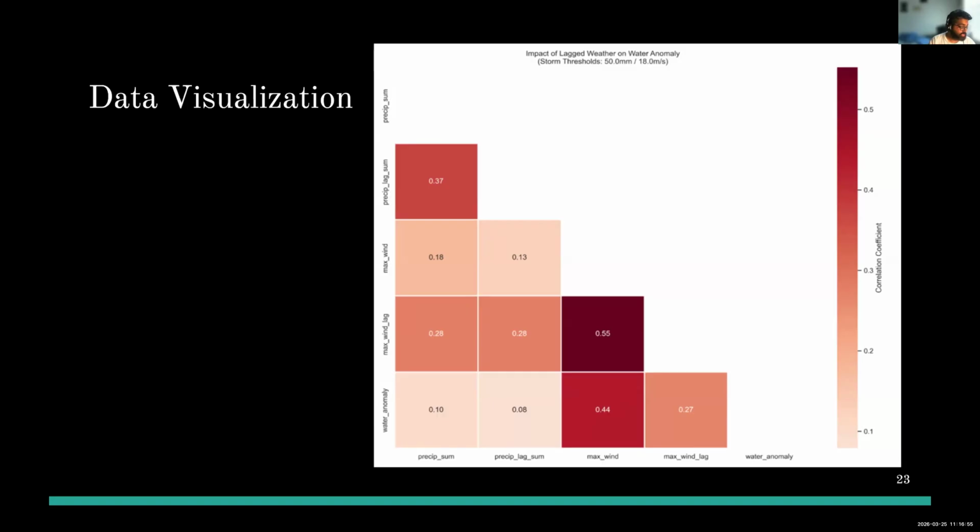So in this case, we can see that the wind and the precipitation don't really affect each other, which makes sense because it's only a 0.18 correlation. But we can see here that the lags, what happens 3 hours after, affect each other far more.